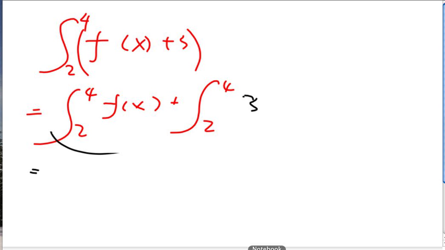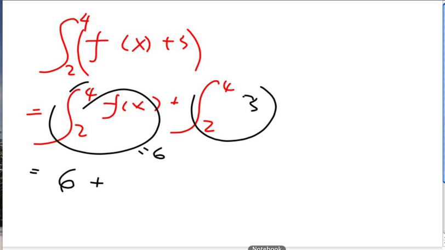According to the question, this equals 6. This equals 6. So 6 plus, how do we calculate this?